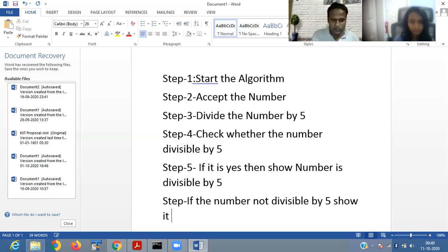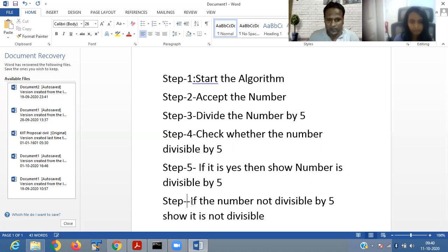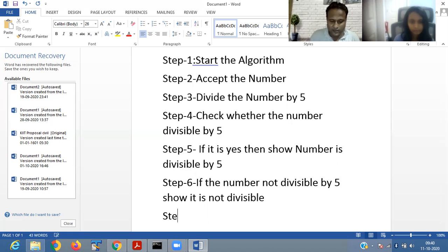It is step 6. Okay. Then in step 7, what to write? If it is not divisible by 5, everything is over.